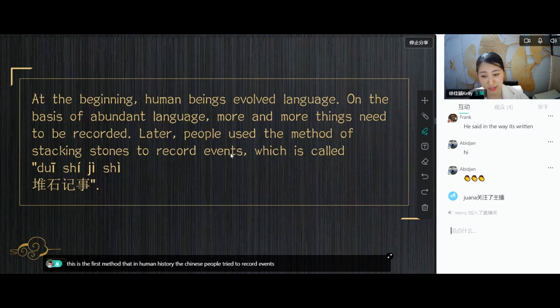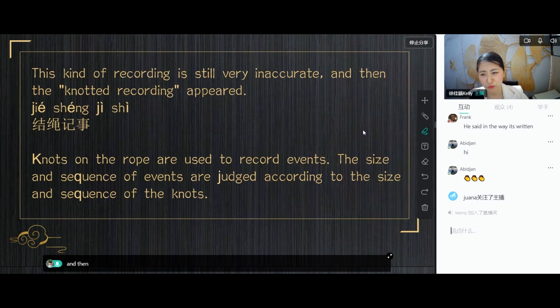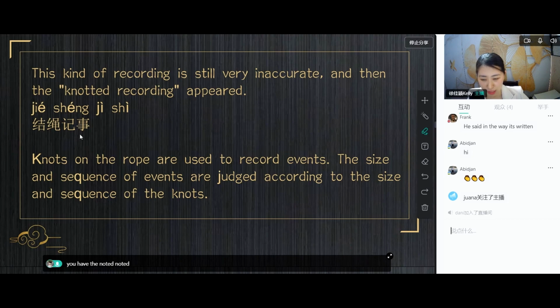They used this method. And then people felt that actually using this method was not very accurate. And then we invented 结绳记事, which means knotted recording.